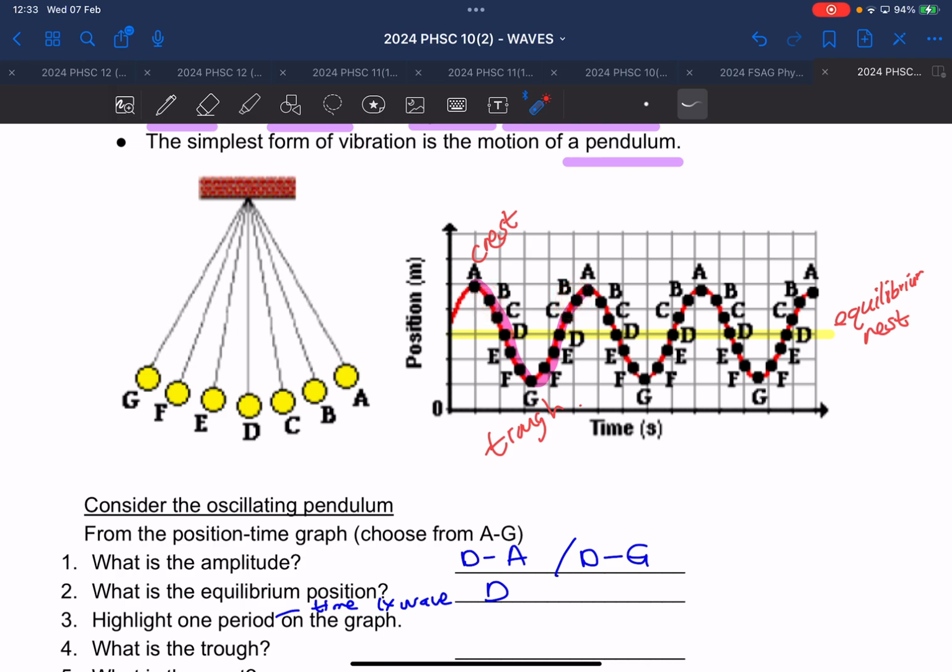Why not? So my question to you is, could I have highlighted from B to B? Hukom. Sorry? Meaning what? Are you trying to make a wave?